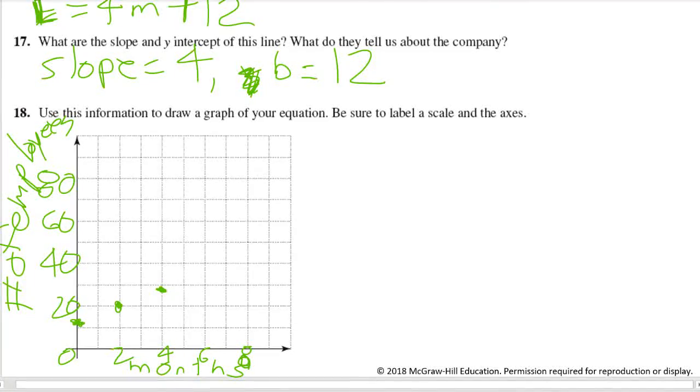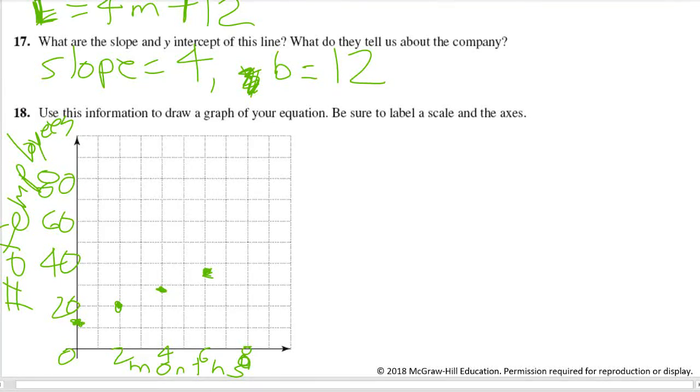And 6 months, I'm going to add another 8 employees. 28 plus 8 is 36, which is just a little bit more than 35. 35 would be halfway between 30 and 40. I want to be a little bit above that.